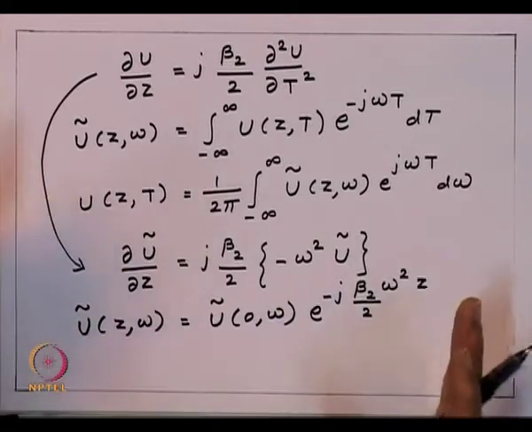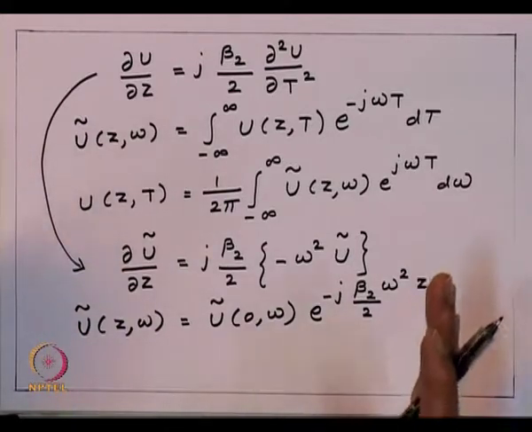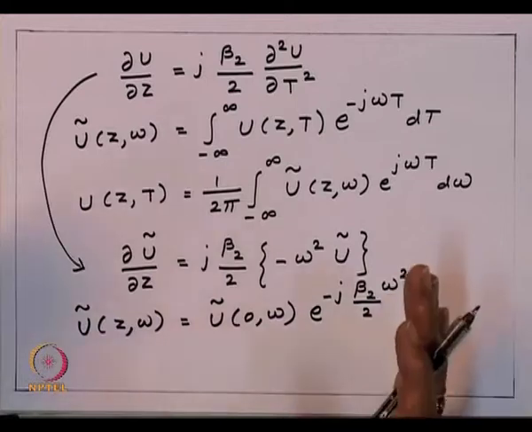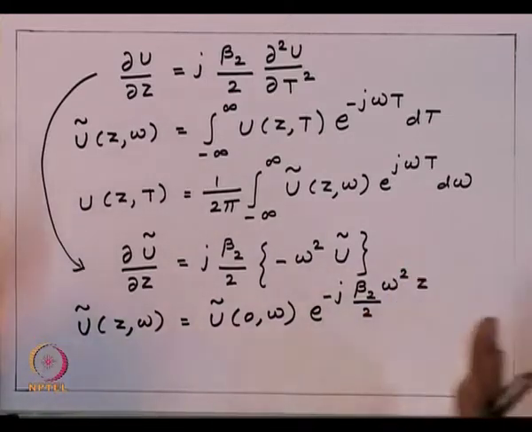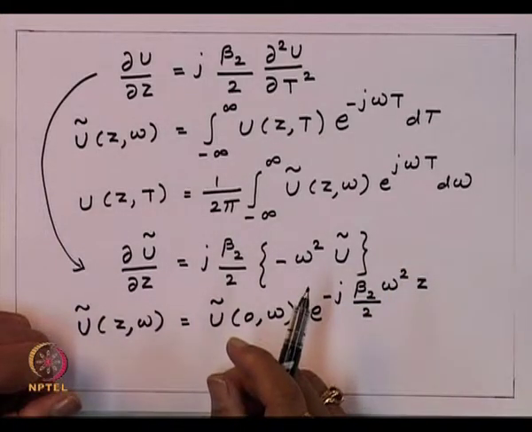So, one thing first we note here is that in the presence of GVD, the amplitude spectrum of the pulse remains unchanged. Only the different frequency components undergo a phase change, and that phase change is proportional to the frequency square. So, the spectrum in the presence of GVD does not get modified.